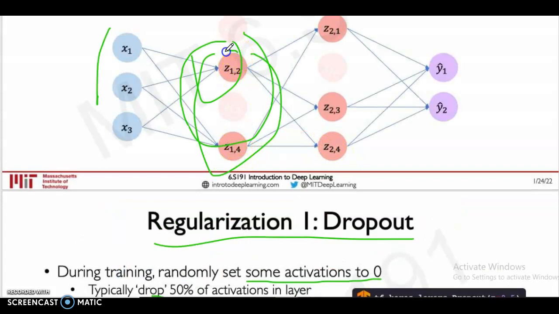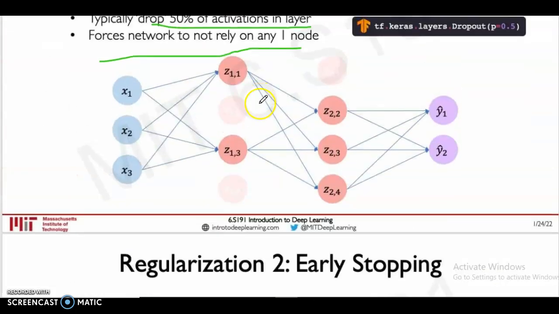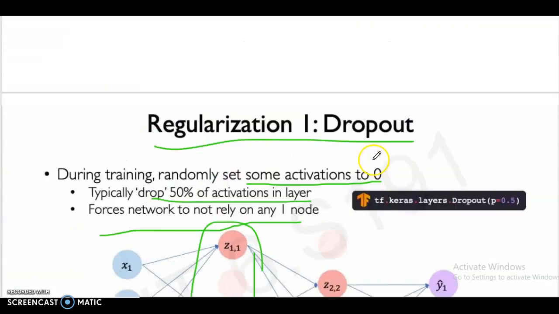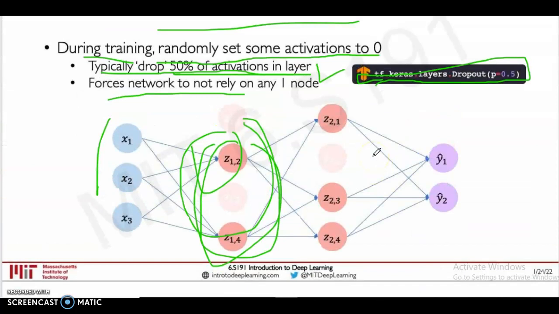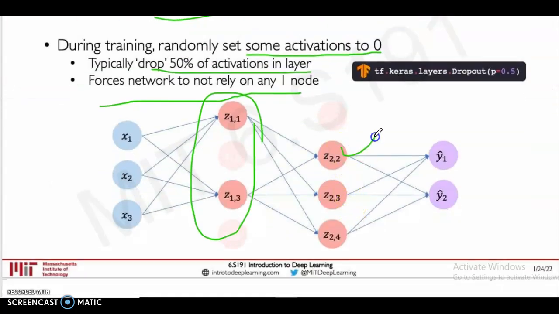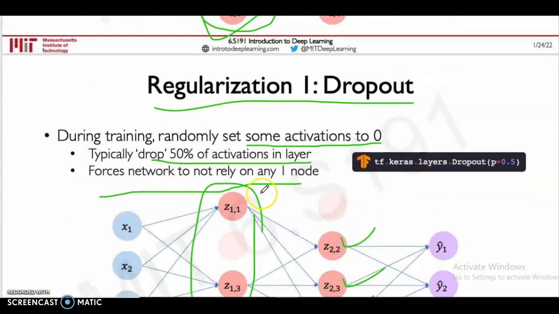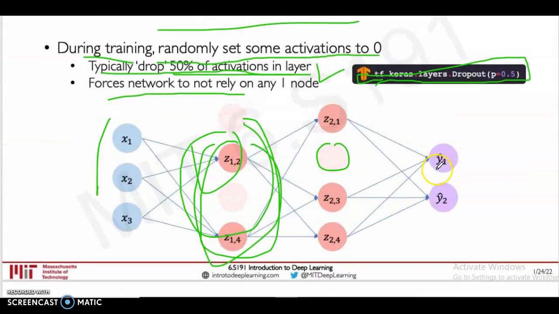Here Z1,2 and Z1,4 are present, Z1,1 and Z1,3 absent. In the next layer, Z2,2 is absent and Z2,3 and Z2,4 are present.